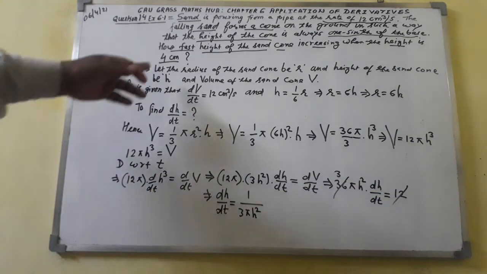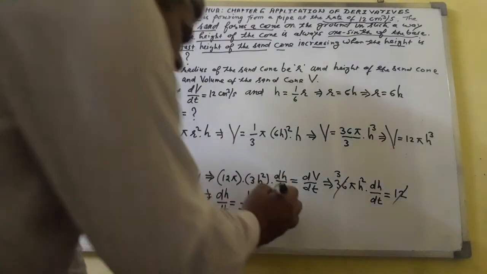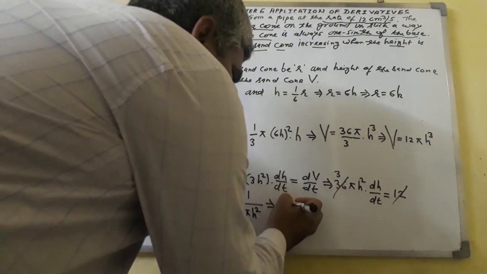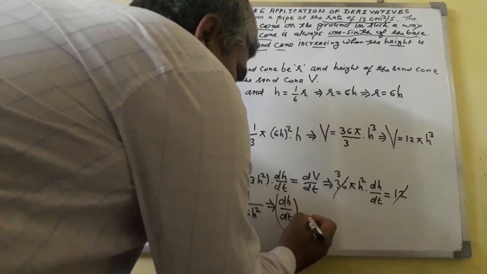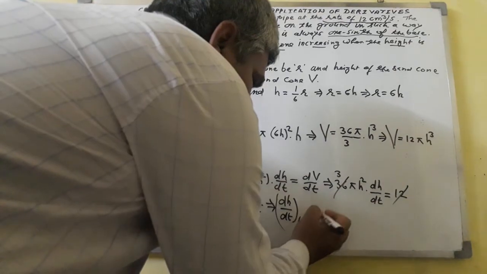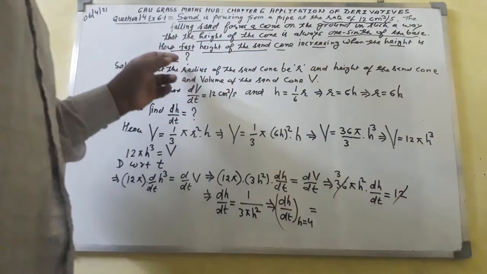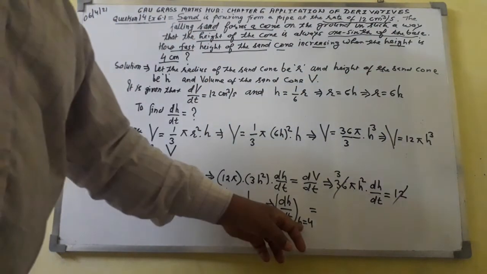Now put h is equal to 4, because here it is written the height is 4 centimeter. That's why h is equal to 4.